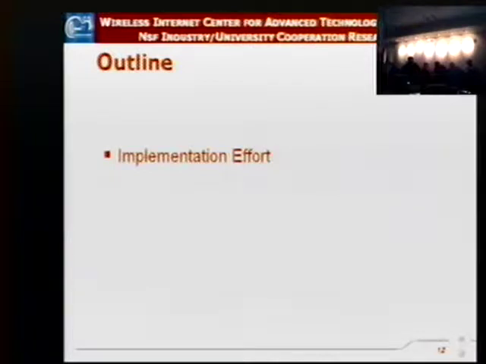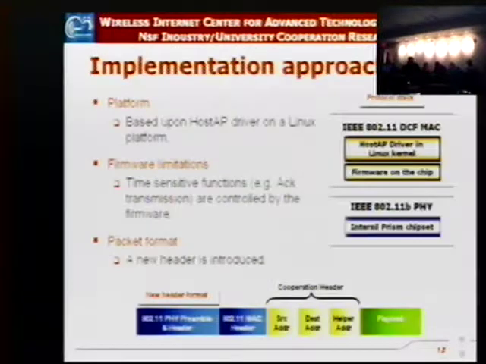We started trying to implement our protocol, and what we did is that we decided to use the host IP driver. I think that most of you should be familiar with these kind of things as you work here. So we use the host IP driver.